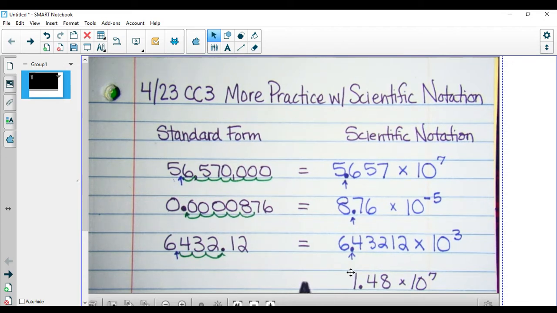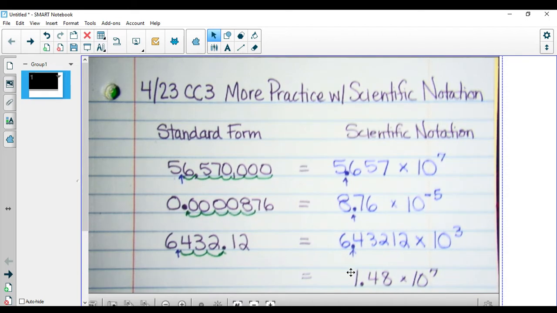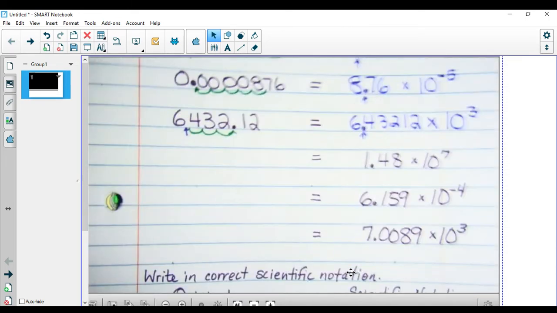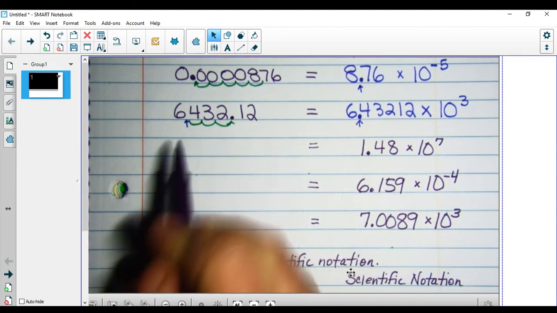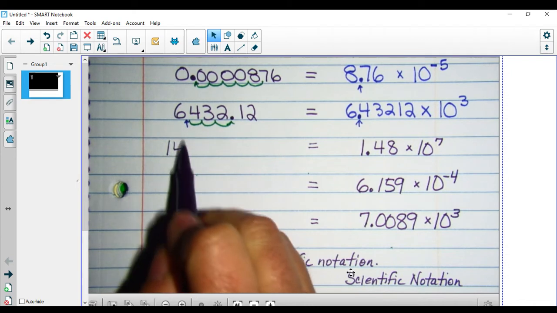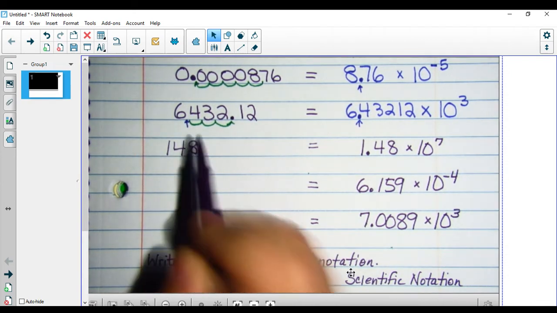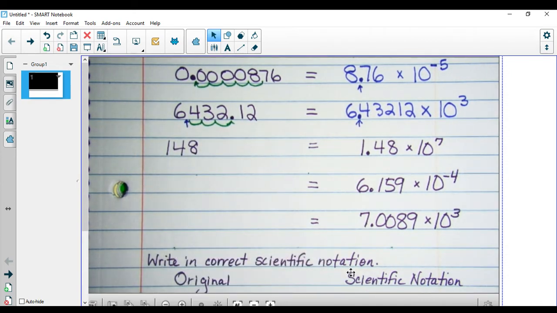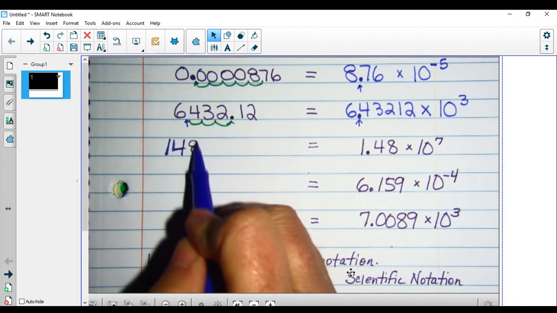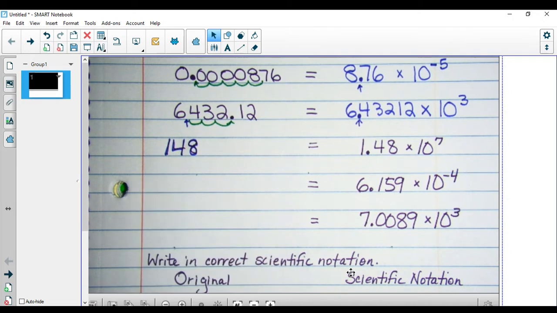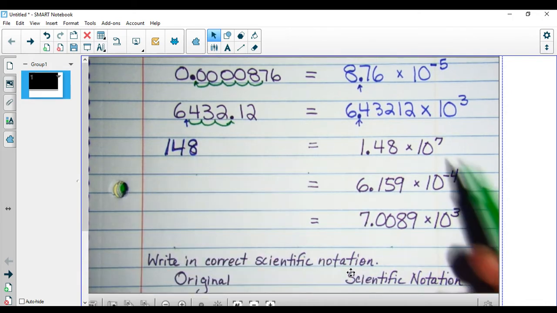The next problem is already in scientific notation. So all I have to do is rewrite the significant digits, 1, 4, 8. And then this is where the decimal was, right by the 1. I need to move it 7 places to the right.